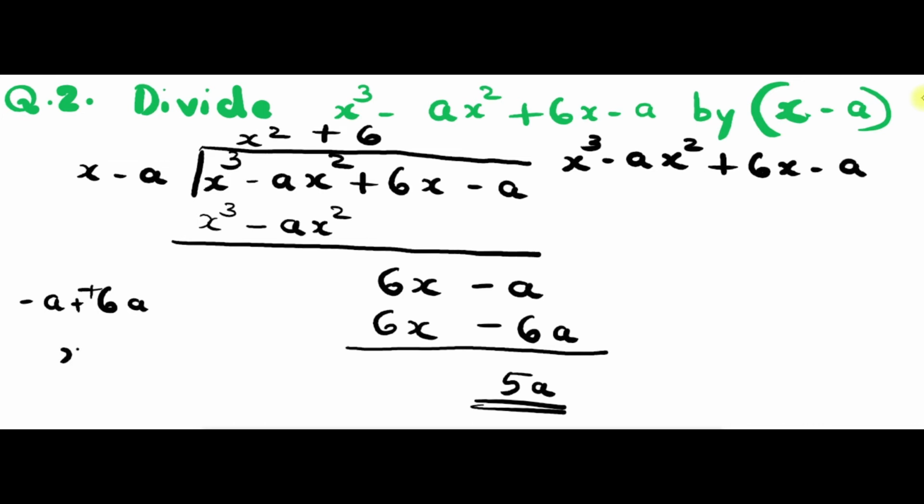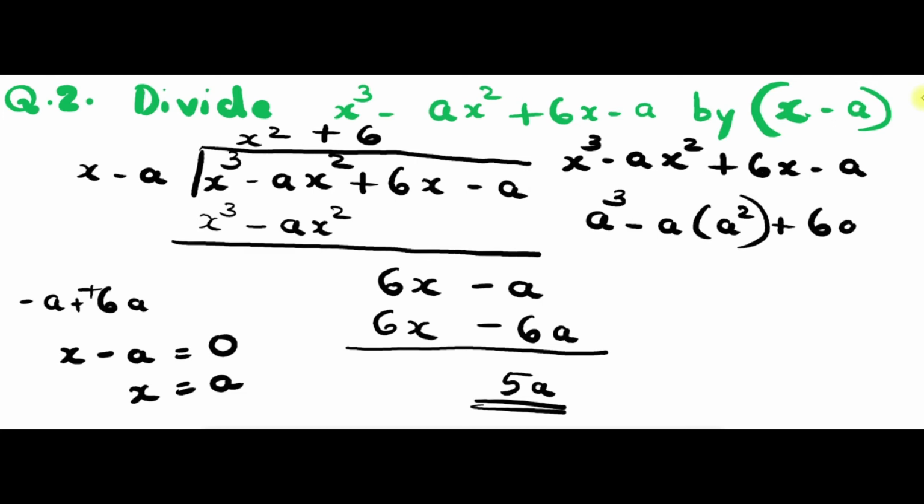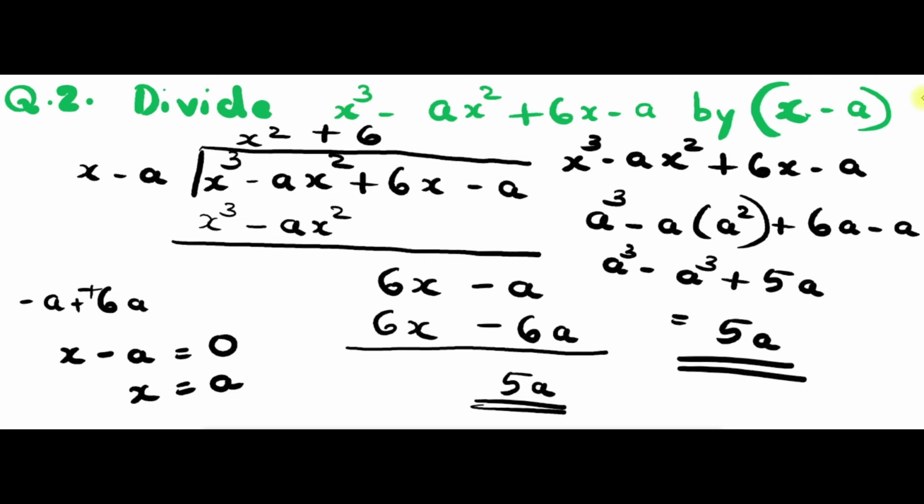I can write a cube minus a into a square plus 6a minus a. A cube minus a cube plus 6a minus a is 5a. So, I got the answer as 5a itself. So, my answer and remainder is correct.